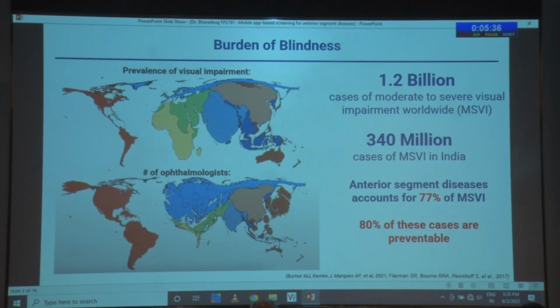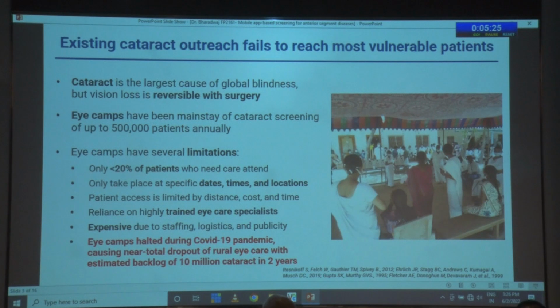As you can see, the distorted map of the world shows the distribution of visual impairment, which is inversely proportional to the distribution of available ophthalmologists worldwide. The existing method of approaching remote areas for screening of anterior segment diseases, mainly cataract, is via the eye camp.